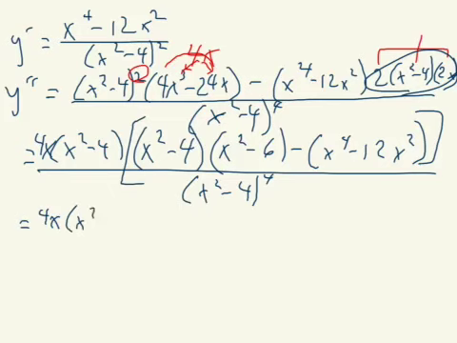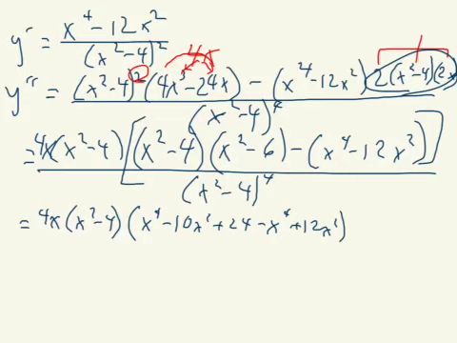4x, x squared minus 4. I'm going to FOIL these guys and have x to the fourth minus 10x squared plus 24 minus x to the fourth, hey, that's nice, plus 12x squared.